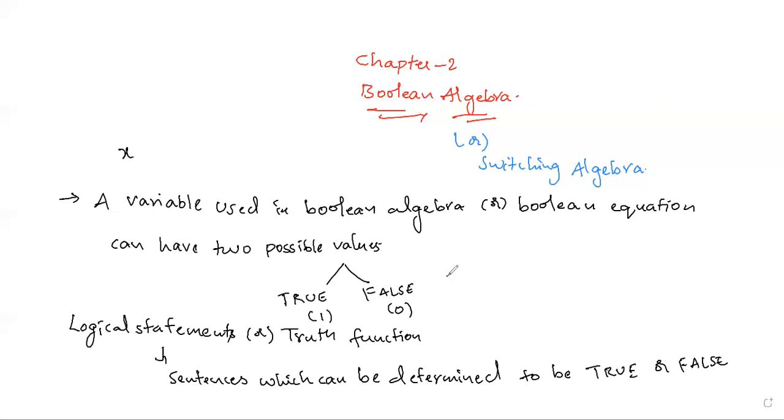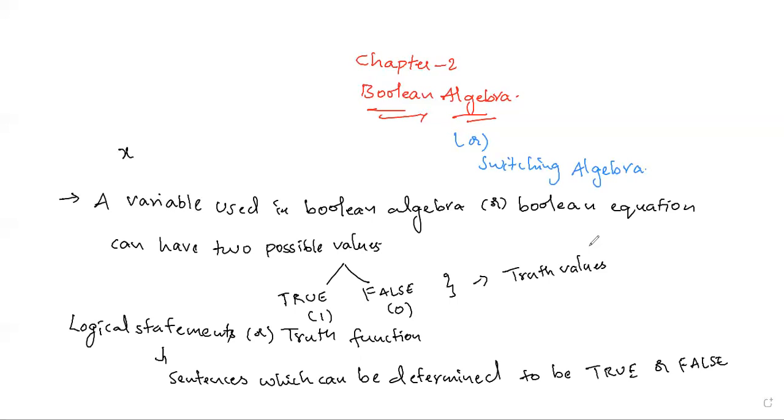So this true and false will also be considered as truth values. True or false are called truth values. So those are the values we get for making the binary decision.